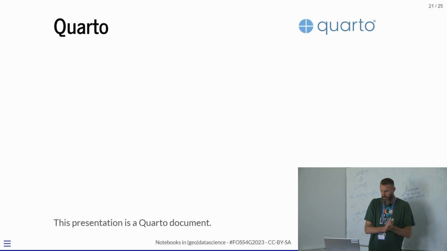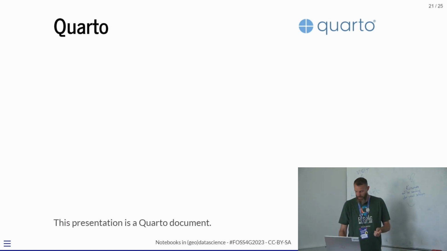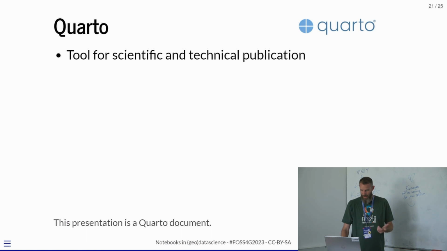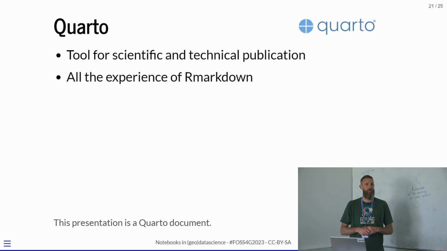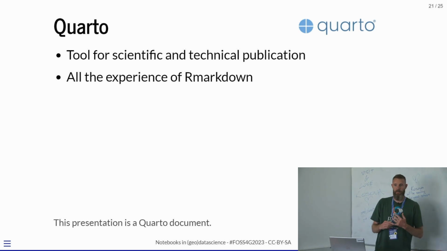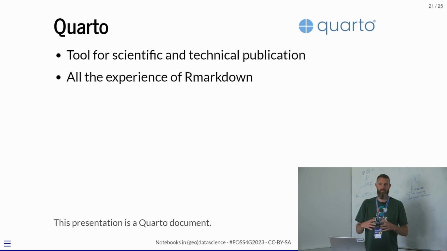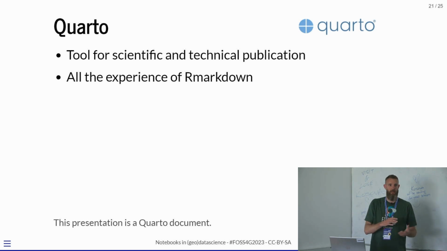The last tool is Quarto. It's pretty new, last year. It's a tool made for scientific and technical publication. It benefits from all the experience from R Markdown. Actually, I think it's better. The syntax is a little bit better for some things than the old R Markdown.